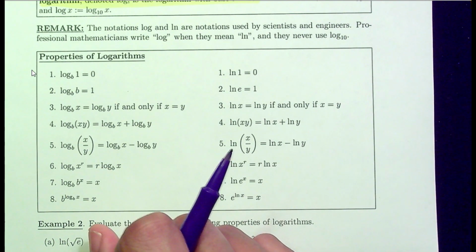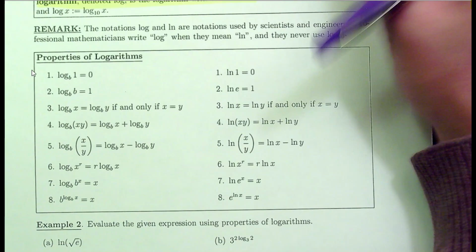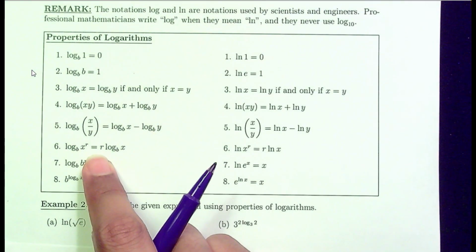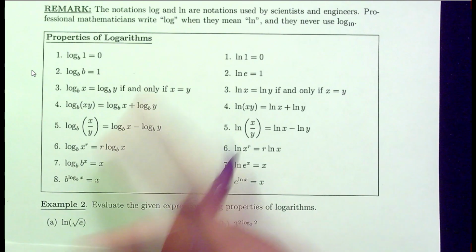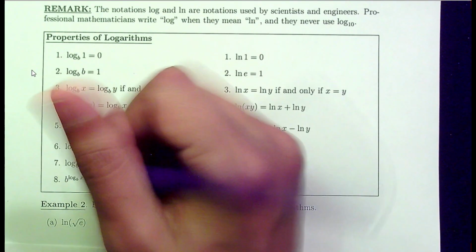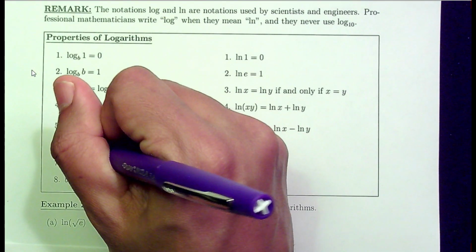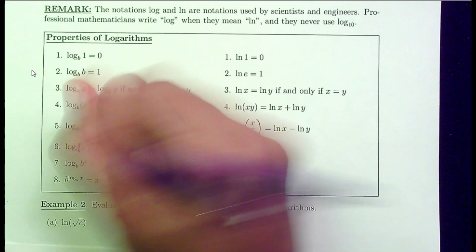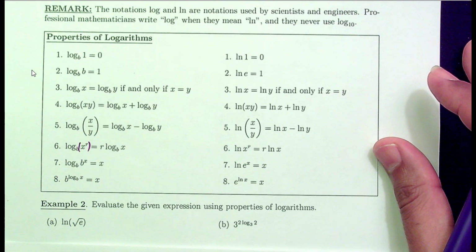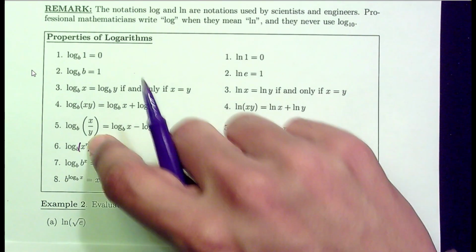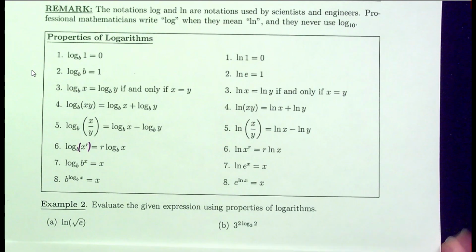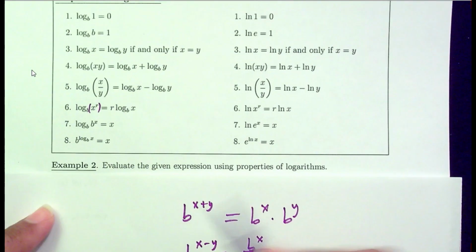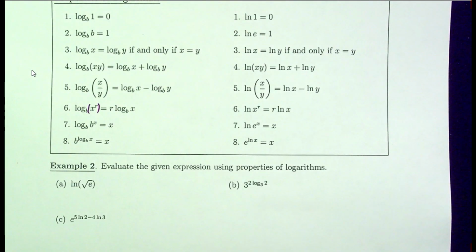We already discussed property 7 and 8, and the only one that remains is property 6. That's a pretty useful one, very, very useful. That one says that if you have a logarithm that has inside of it, and you can put parentheses in here to make it clear, a power function, then you can take the exponent of that power function and move it all the way to the front. So let me write that here, slightly bigger.